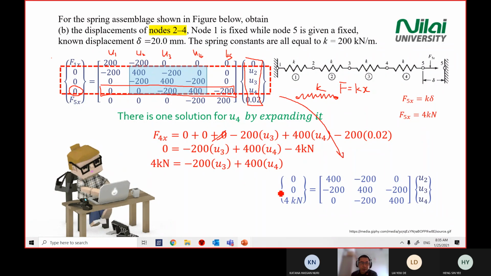Okay, this slide explains why we suddenly have 4 kilonewton here when we only focus on the matrix equation for the U2, 3, 4 components. So be careful when you export the data from the matrix. Don't straight away export 0 here. There might be a value in your F component on the left hand side. This is just a demonstration to remind you, don't directly copy 0 into your answer.